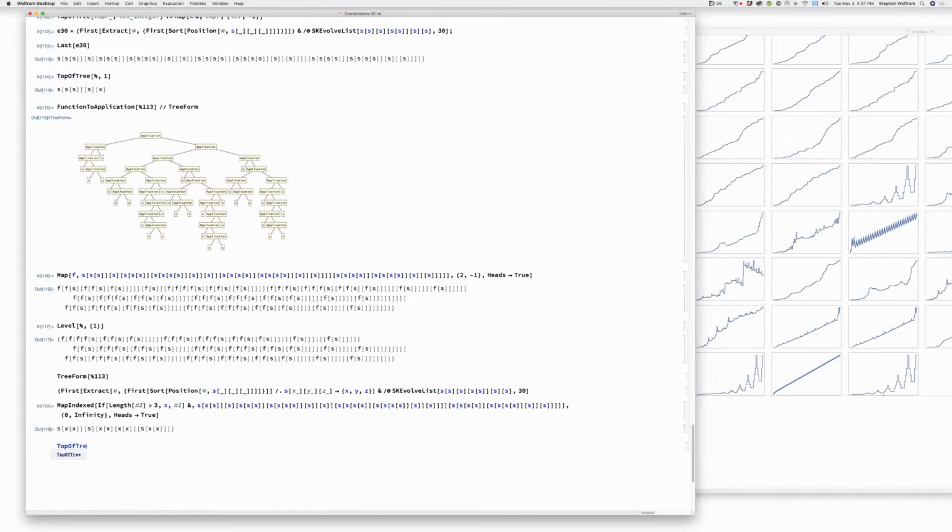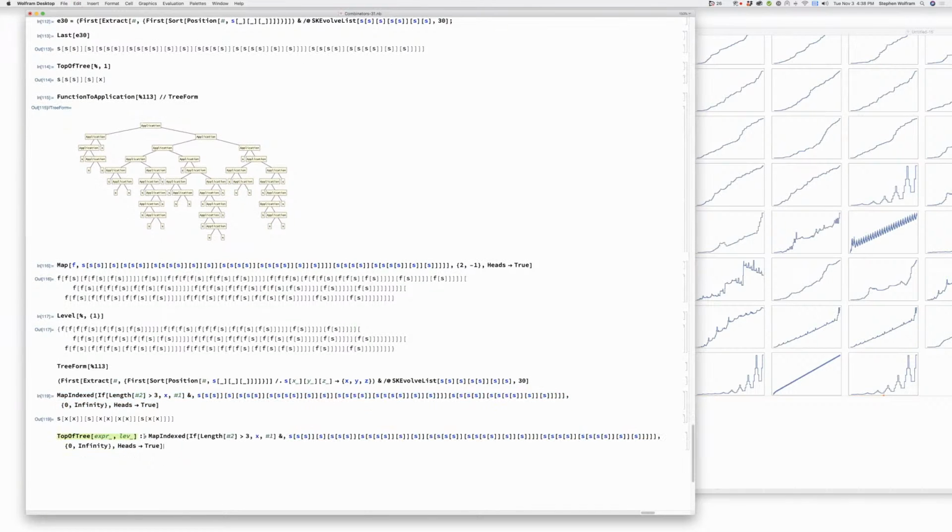So top of tree. So it says here, that would be this. And let's say we're going to have a stub, default it to x. And that's the stub there. And then greater than lev.